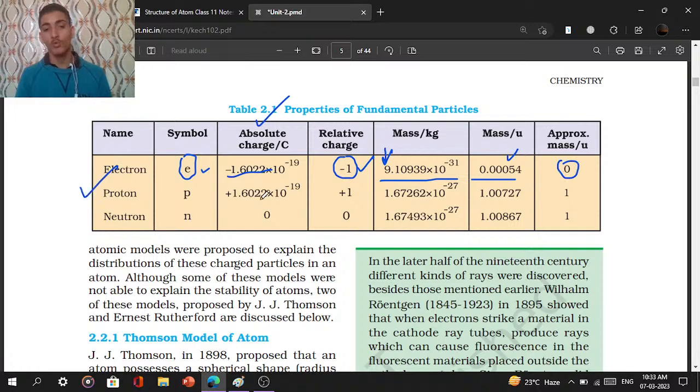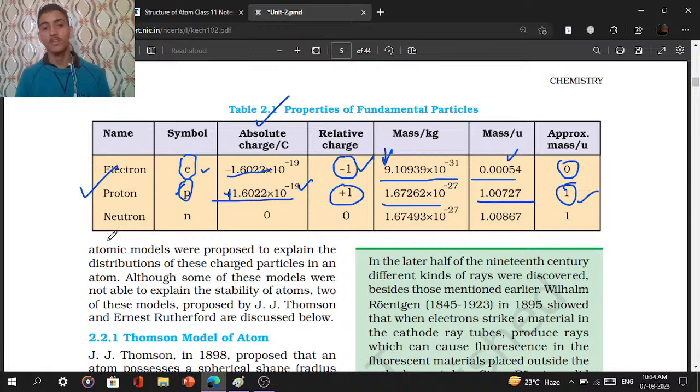Protons are represented by the symbol P, and its absolute charge is the same as that of the electron, but positive. Relative charge is plus 1, then mass is 1.67262 into 10 raised to power minus 27, and its relative mass is 1.